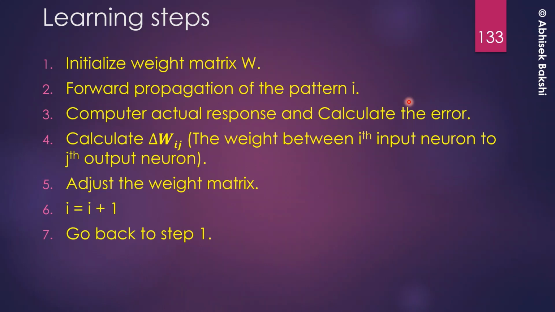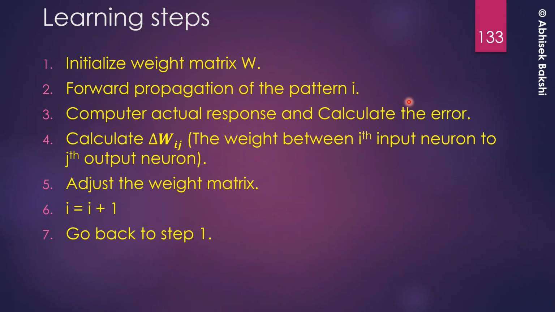Then the activation function will be fired, and some output will come. Based on the target value, we calculate how close that output is. The error will be calculated, and based on the error, the adjustment of the weights will be done. So this is the whole scenario.